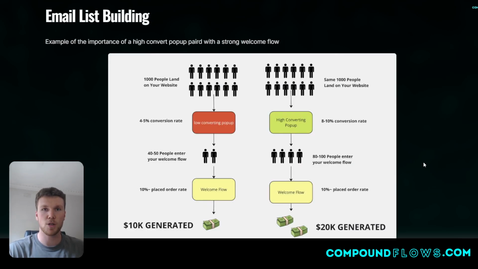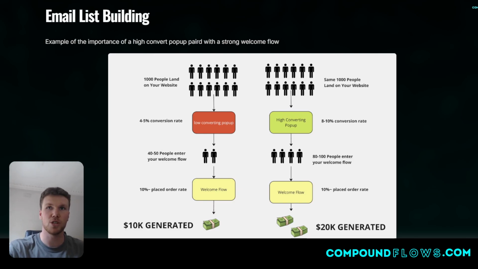So some of the main focus points, especially if you're just starting, is building your email list. This is what's going to get you to eventually start sending those weekly campaigns and generating weekly revenue from those campaigns. So really just focus on optimizing that pop-up. I know this is more of a flow video, but the pop-up for you guys is highly important.